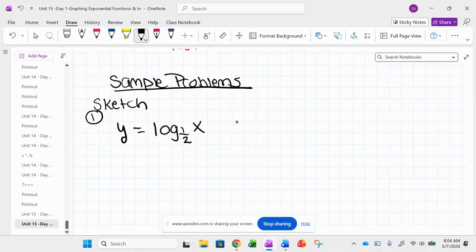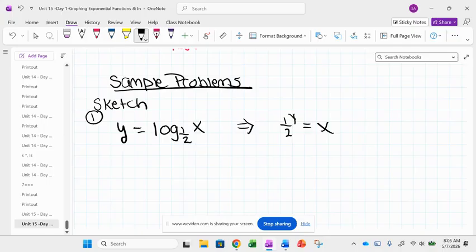So what I'm going to do is put it back into exponential to get a better idea of what this looks like. Can somebody tell me how would I put this log equation back into exponential? Ariana? You got it. Half to the y power equals x. So you tell me, is this a normal exponential or is it the inverse of an exponential? And how do you know? This is an inverse. How do we know?